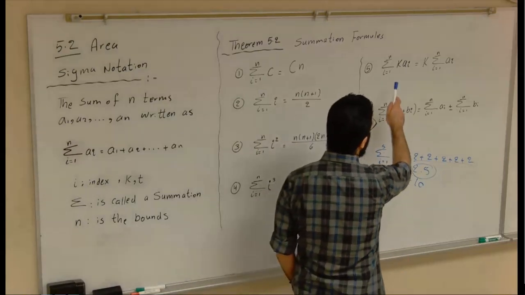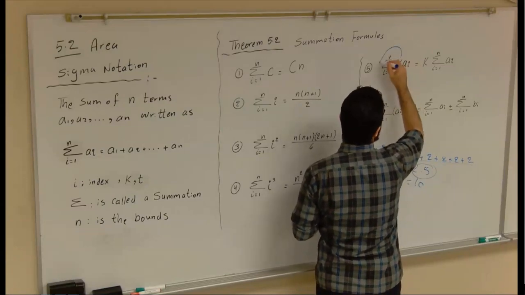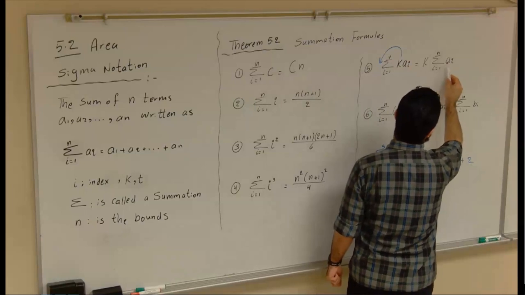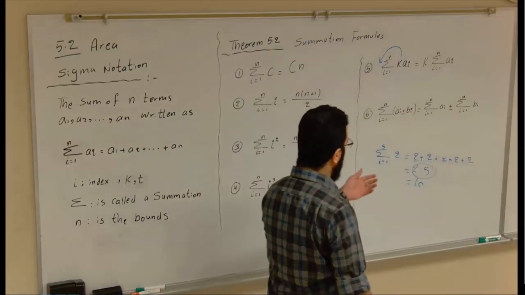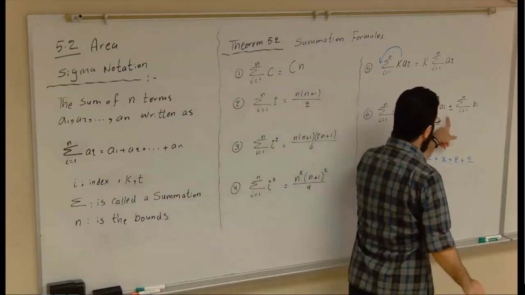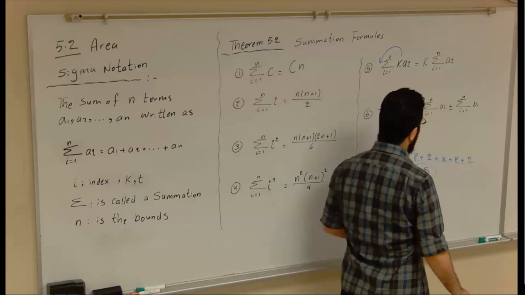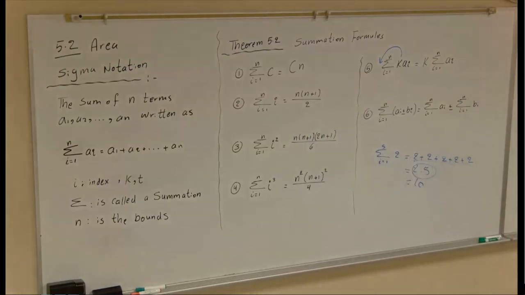Summation of k times a_i: if there's a number, you're going to take the number out, so it's going to be k times the summation from i equal 1 to n of a_i. If you have 2 terms, you just distribute the summation to the first one plus or minus the summation of the second one. So these are the summation formulas. We're going to use these formulas a lot in this section.